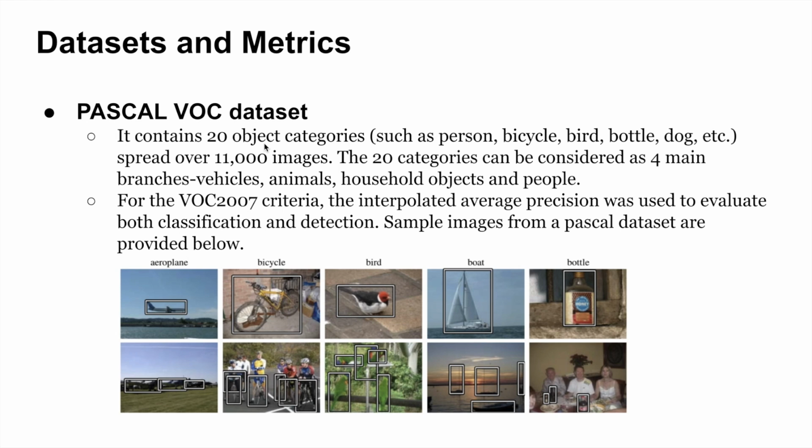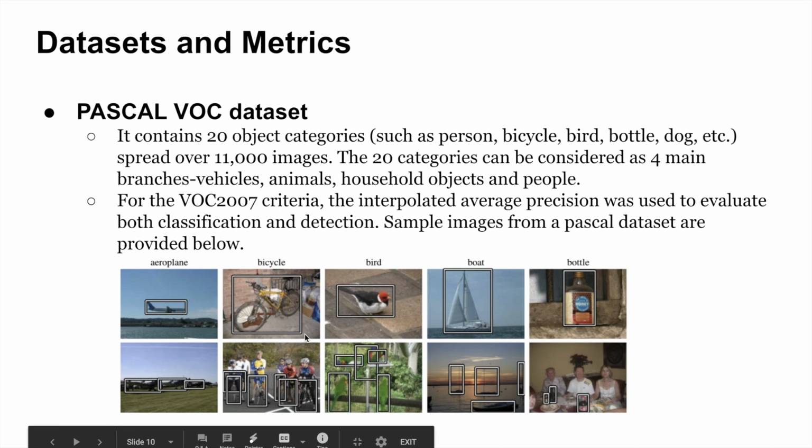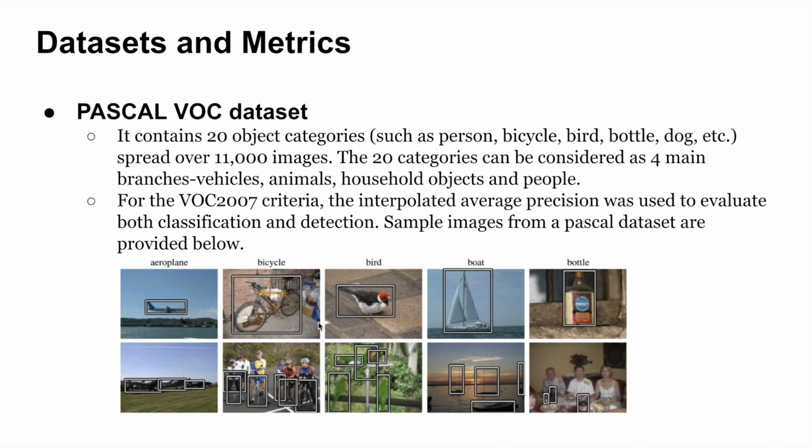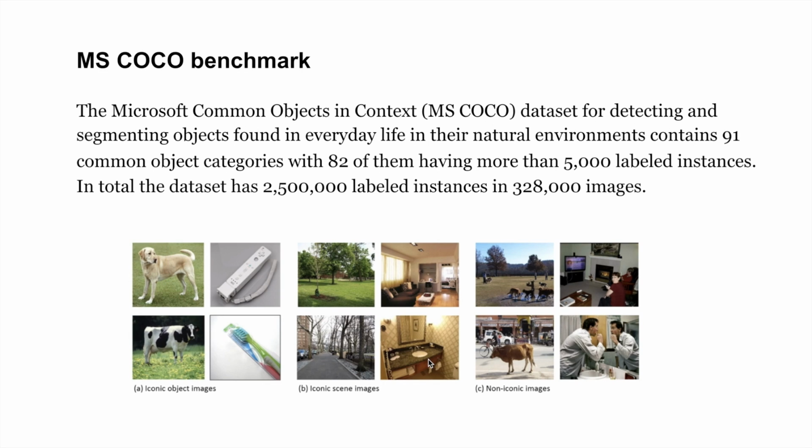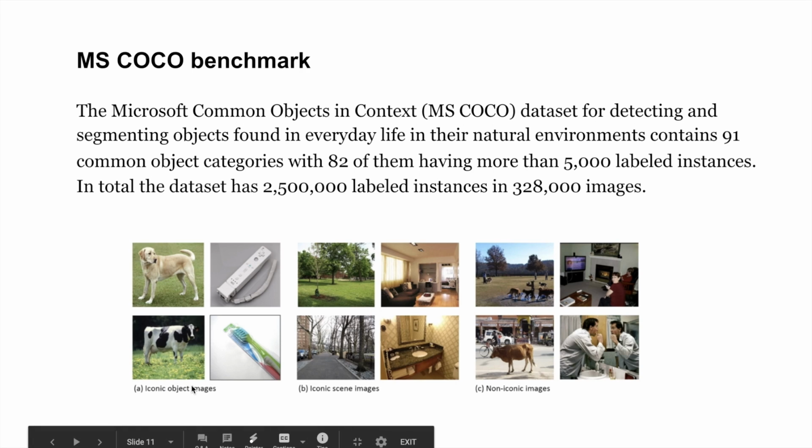Examples of sample images from those datasets are also shown. MS COCO is the Microsoft Common Objects in Context dataset. It has 91 object categories, with 82 of them having more than 5000 labeled instances. Some of them are iconic object images, scene images, and non-iconic images.